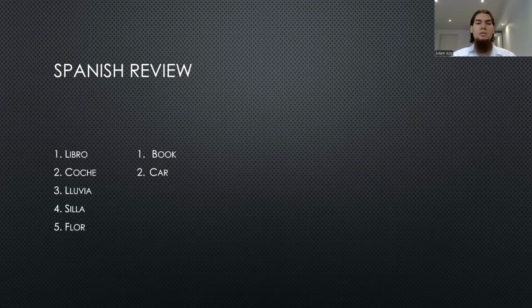Lluvia means rain. Number 4 is silla. They left the silla after saying sia. Silla means chair. And number 5, flor means, we'll go to the mnemonic phrase, the floor is filled with flowers. Flor means flower. Well done.